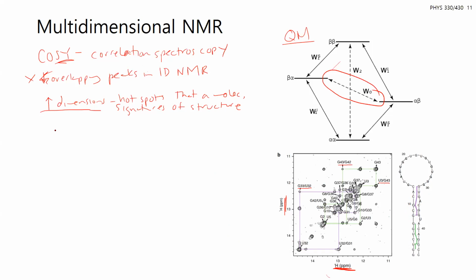Some drawbacks of doing multiple dimensional NMR is that it takes more time to collect. It's more like hours, so it's not as routine.